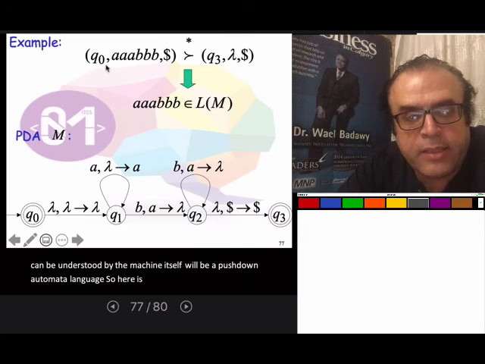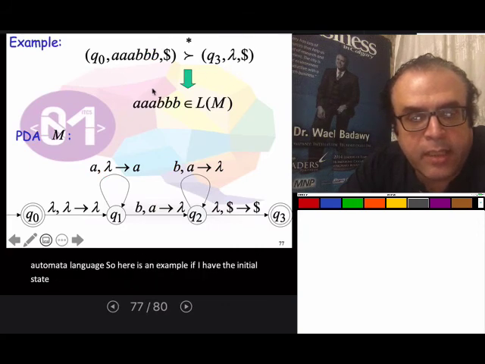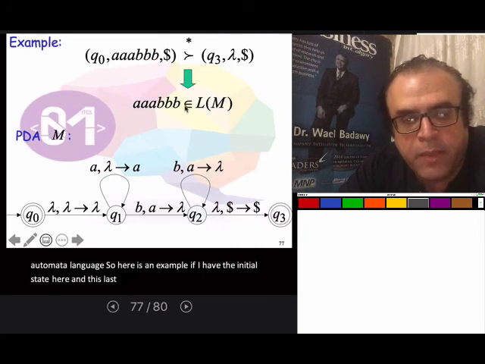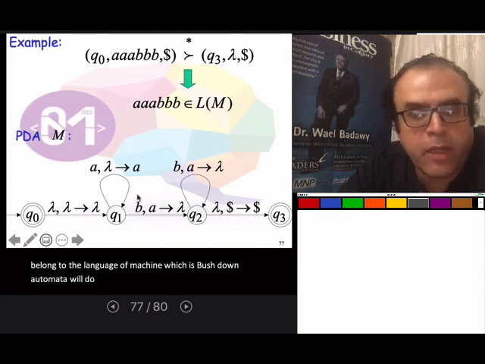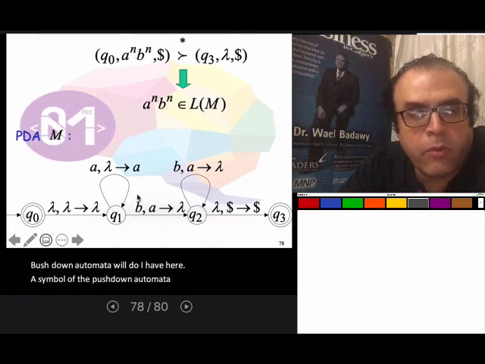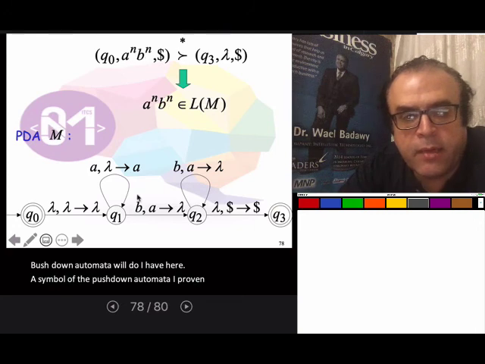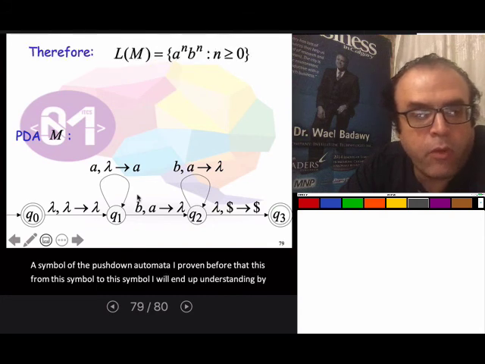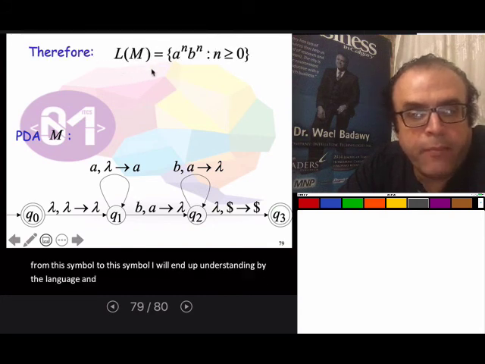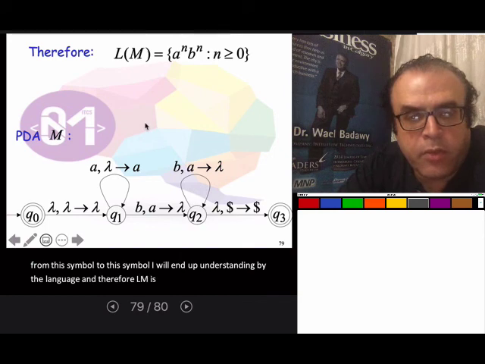If I have the initial state here and this is the last state, if the input is AABBB, this belongs to the language of the machine. I have here a symbol of the pushdown automata. I proved before that from this symbol to this symbol, I will end up being understood by the language, and therefore L(M) is the language of a pushdown automata.